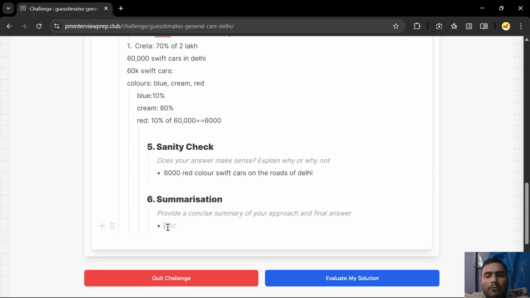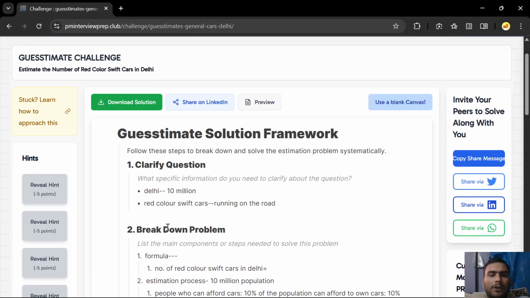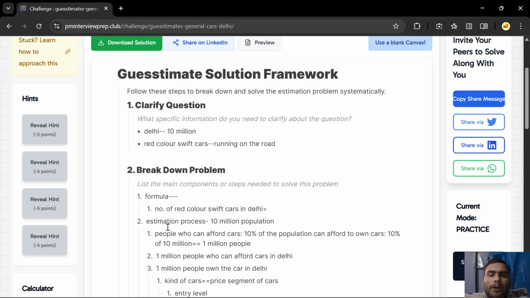So now, providing a summary of what I have done in breaking down the question. The prompt was that we have to calculate the red Swift color car value. So I estimated the Delhi population to be around 10 million, and I took the entire geography, not any particular area.